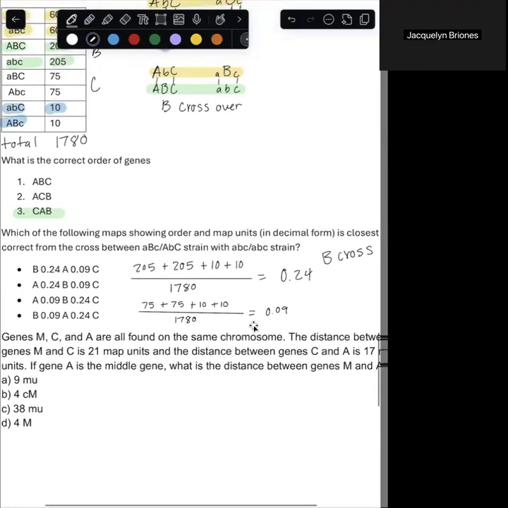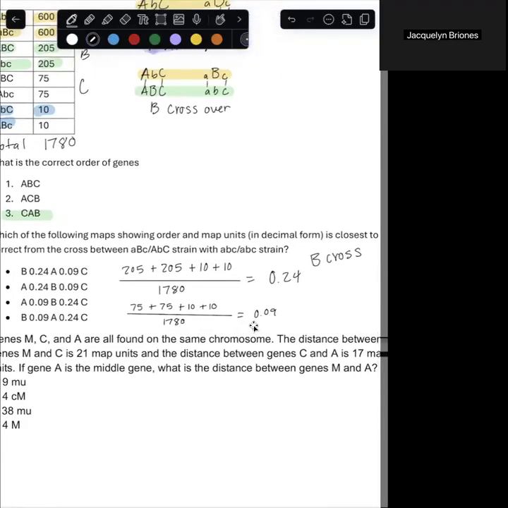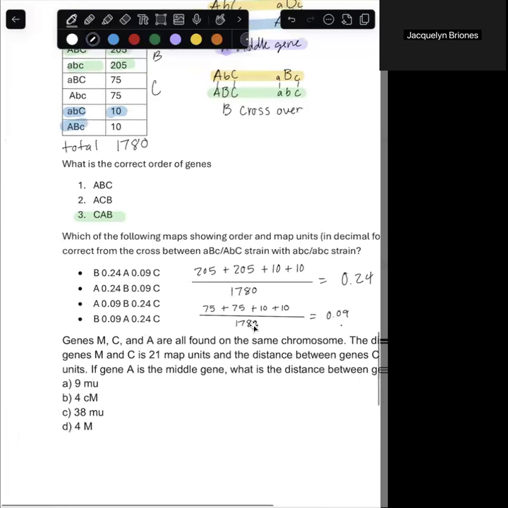So again, A is our middle gene, and our B crossover was 0.24, and our C crossover was 0.09. This is gonna be your answer.